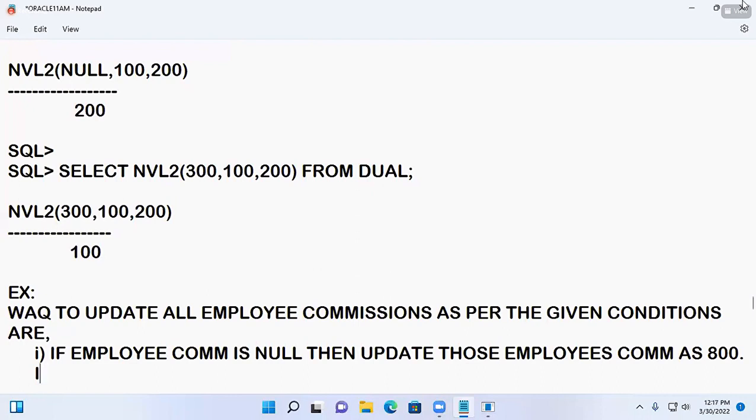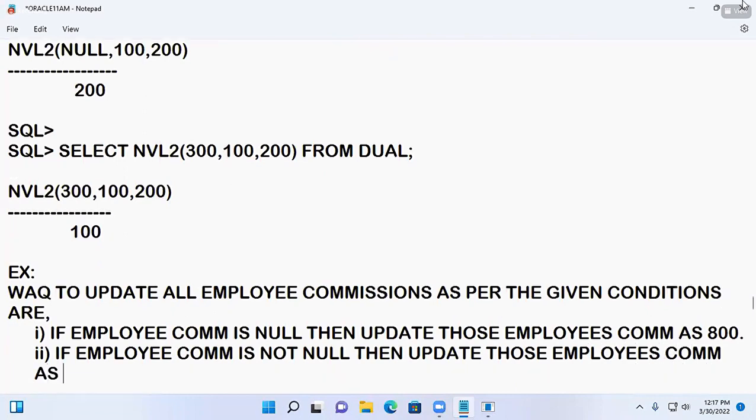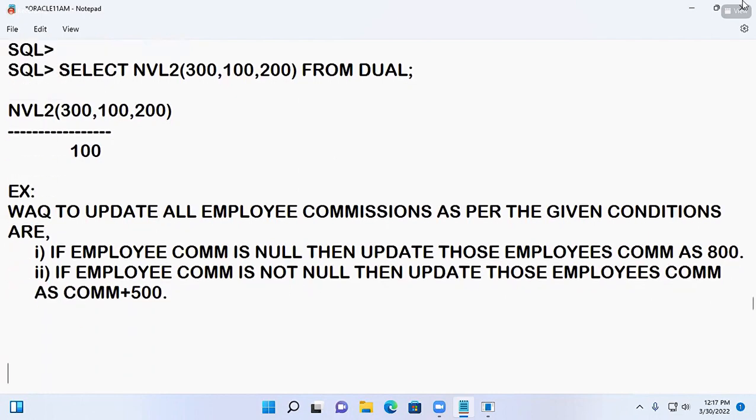And second condition: if employee commission is not null, then update those employees' commission as commission plus 500. Now carefully read the two conditions.